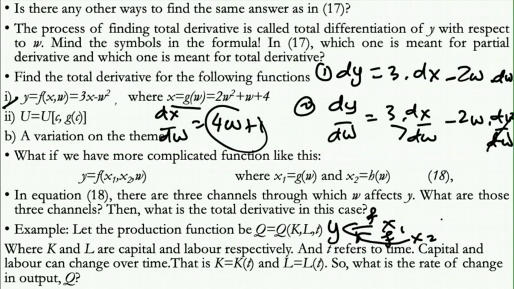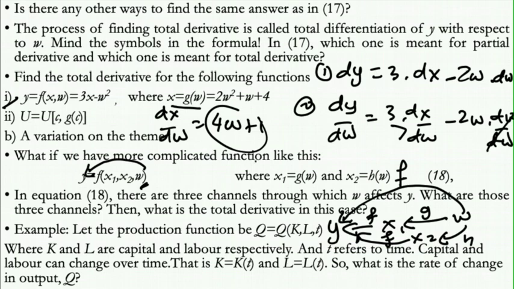We also have x1 being affected by w via function g, and x2 being affected by w via function h. Now, w, as you can see here, can directly affect y, via function f.